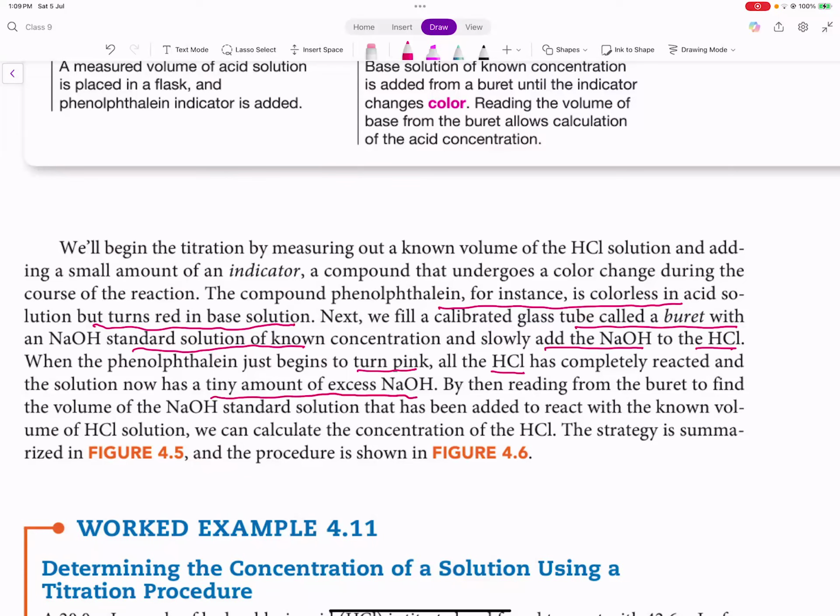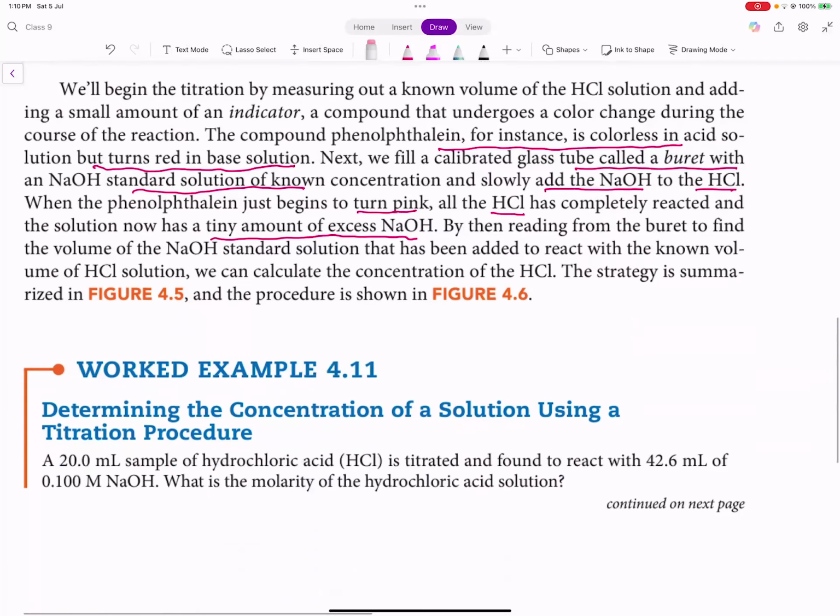That is why we have to add drop by drop. When adding one drop changes the color, we stop, because now it just has one drop of excess base in the solution. So when the solution is slightly basic, it starts changing the color.